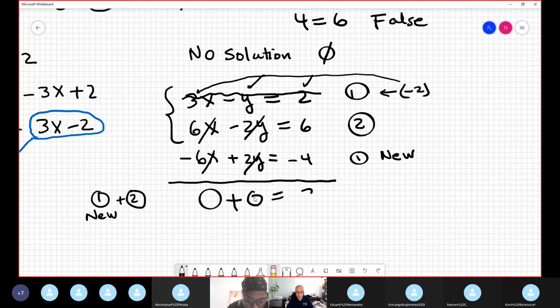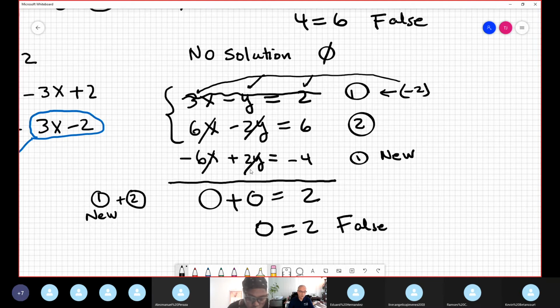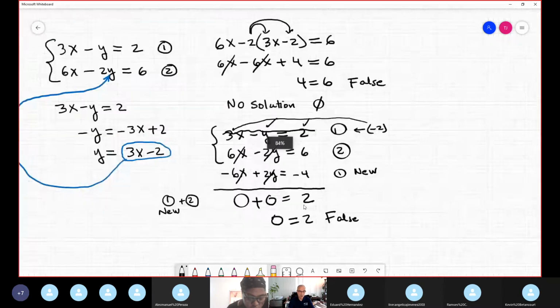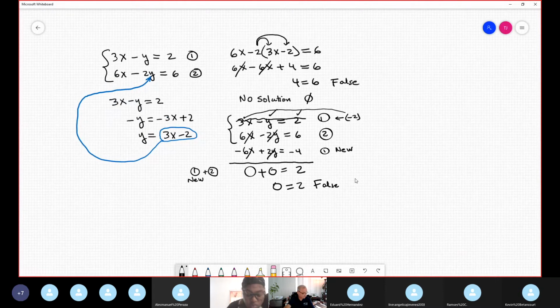And this is 2. So 0 equals 2 is a contradiction, and we get the same conclusion, there's no solution. So when you somehow, using elimination or substitution, get a contradiction, it's because we have no solution.